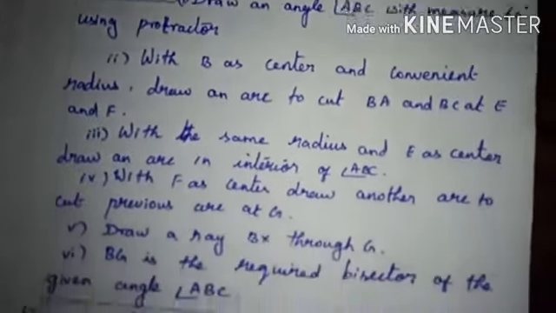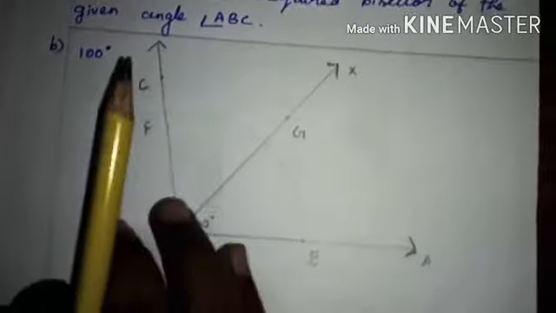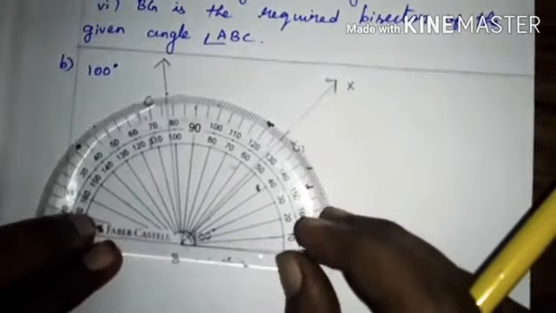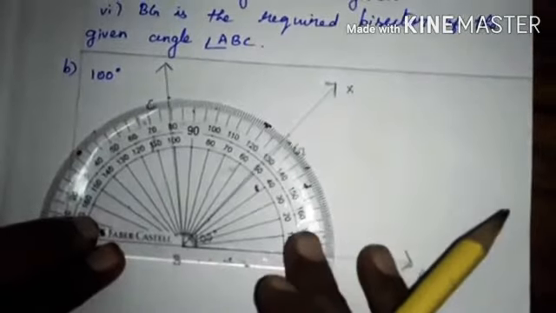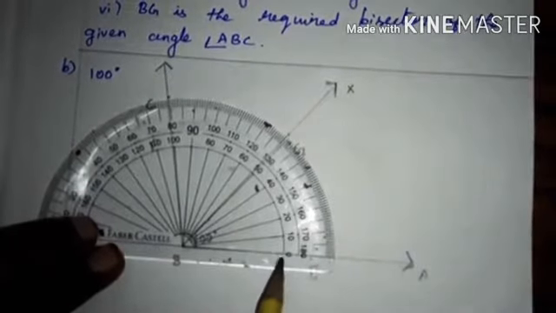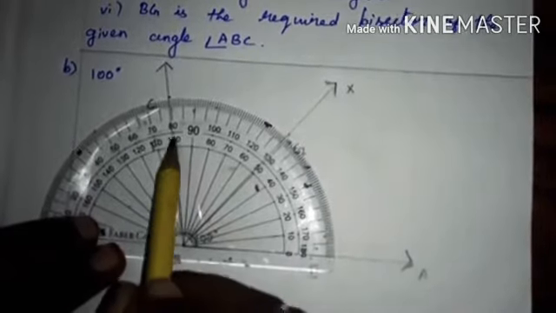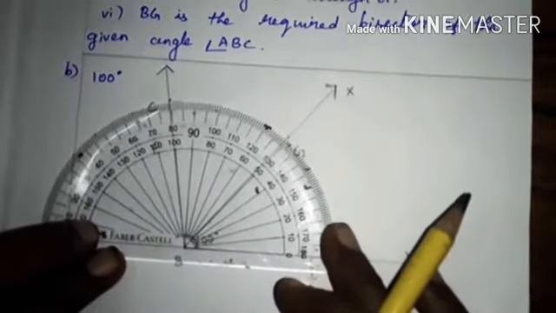Let's see one more sum of 100 degrees. Here also, first draw a ray BA. Then keep the protractor at B and mark an angle of 100 degrees from the right hand side: 0, 10, 20, up to 100 degrees.